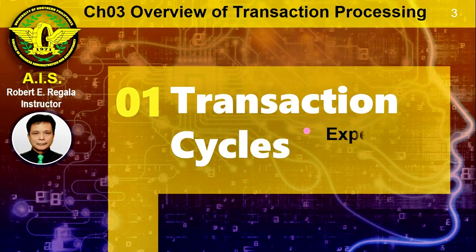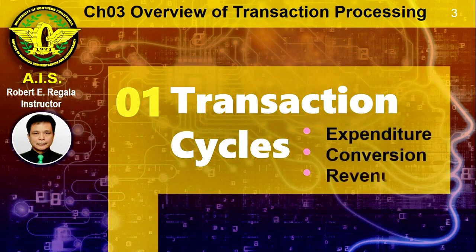Transaction cycles. In Chapter 1, we were introduced to the transaction processing systems. As we have noted, this component of the AIS is the most costly and widely used component of the AIS. TPS applications process financial transactions which fall under one of three cycles: the expenditure cycle, the conversion cycle, or the revenue cycle.